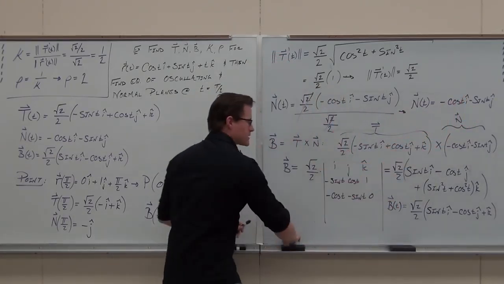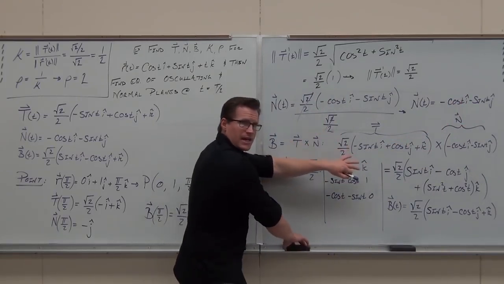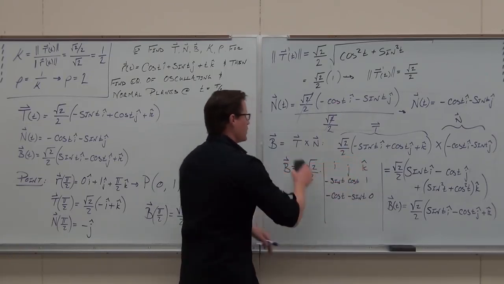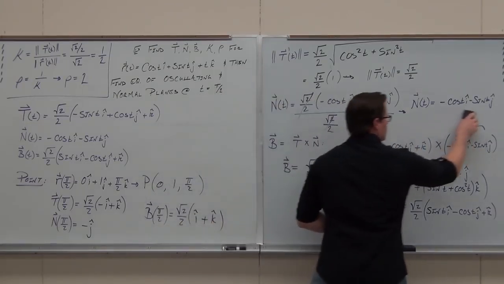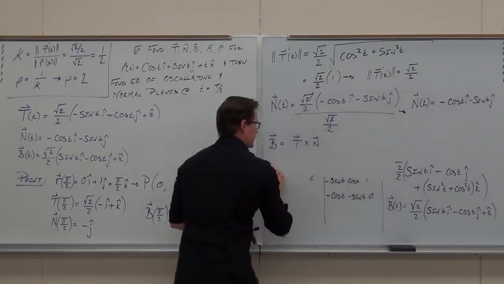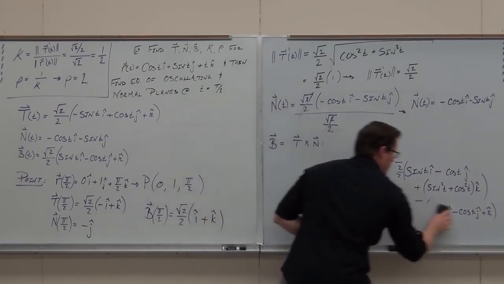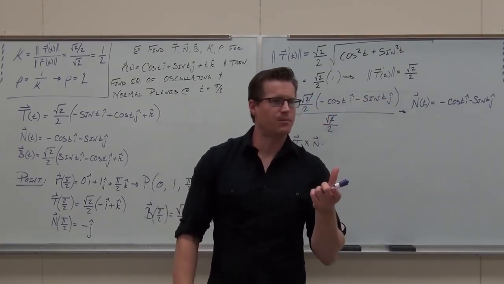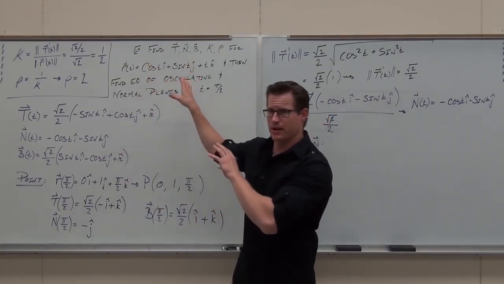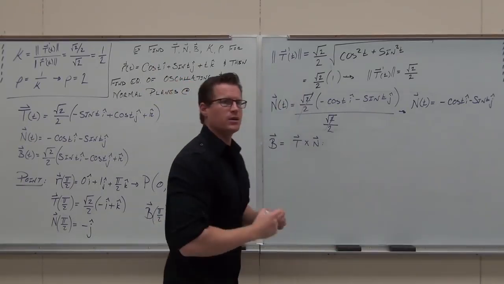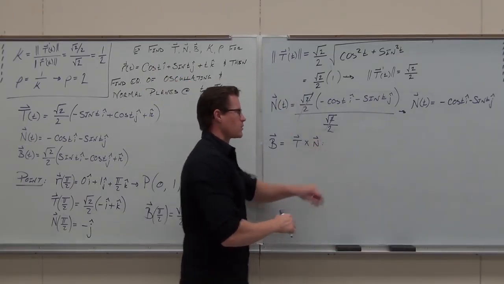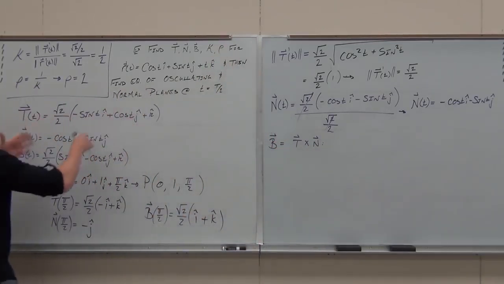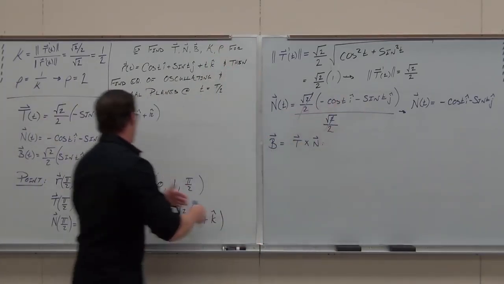Watch. Let's say that we don't do this, because this is pretty nasty, right? You're doing a cross product of some pretty crappy stuff, and it can get way worse. So here's my point. If you're just finding the unit binormal so that you can find these two planes, which is what we're going to do, here's what I'd like you to do from here on out. Instead of doing all this other work, find the unit tangent, yeah, we got it. Find the unit normal, yeah, we got it.